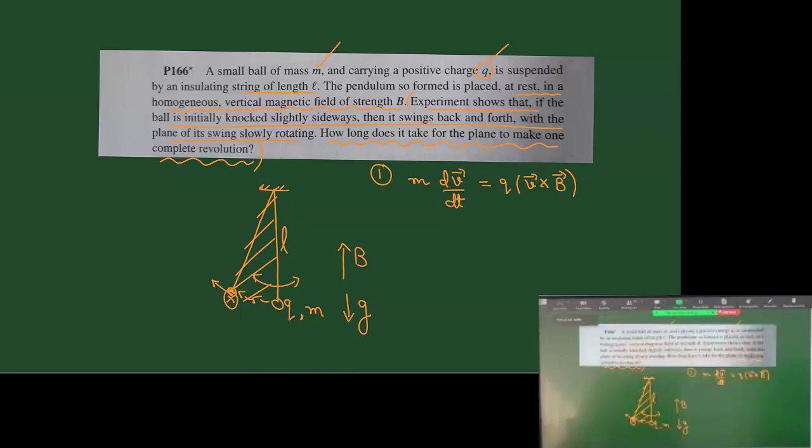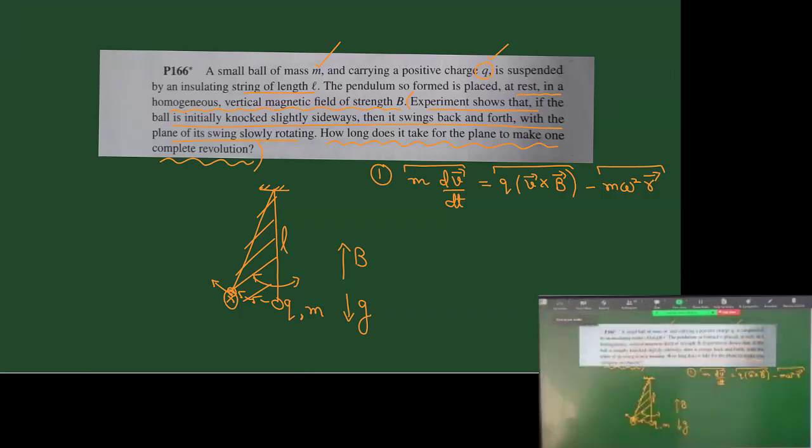And there will be one centrifugal term. I mean, it seems like there will be one term which is minus m omega square r vector. So basically I'm writing that term, minus m omega square r vector.